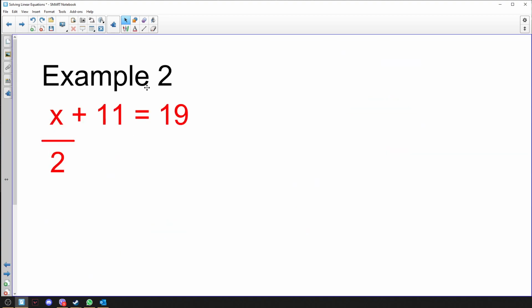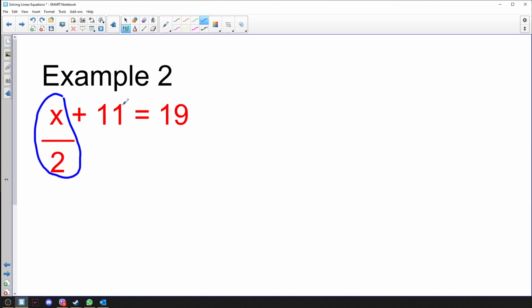So example 2: x divided by 2 plus 11 equals 19. I'm trying to find out x. So something divided by 2, plus 11, equals 19. Let's start with the fact that this whole answer needs to equal what?